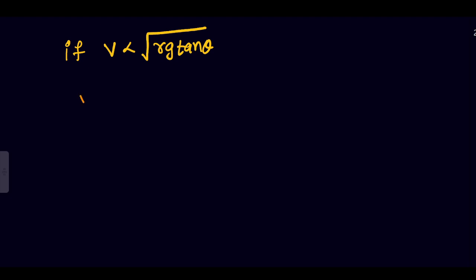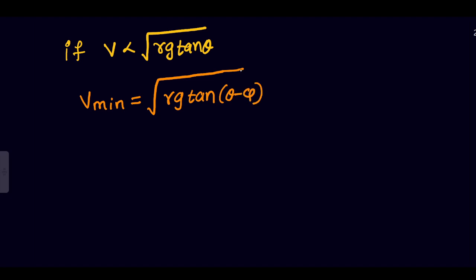In that case, what will be the minimum speed? We can get the minimum speed, which is equal to the square root of Rg into tan of theta minus phi, by the same procedure. Earlier it was theta plus phi.